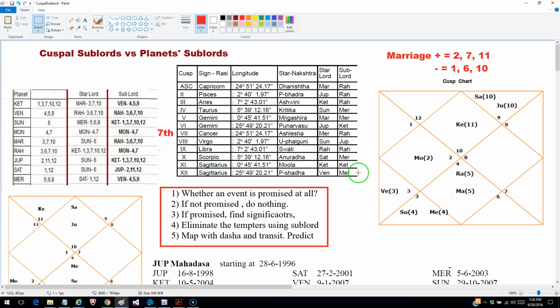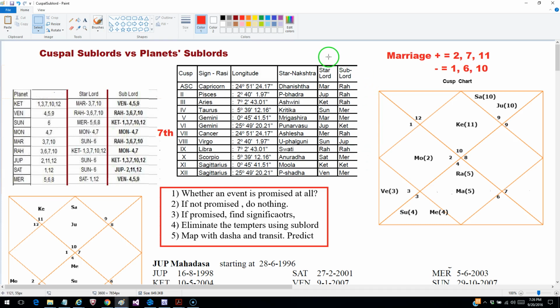I'll give you an example that Krishnamurti has mentioned. If somebody approaches an astrologer with a question whether one is going to go to jail or not, in that case, the 12th sublord has to be Rahu. And unless and until it is Rahu, one will not go to jail.